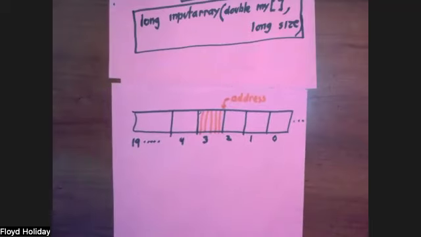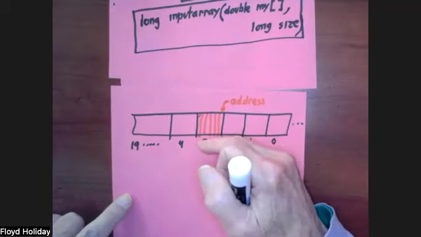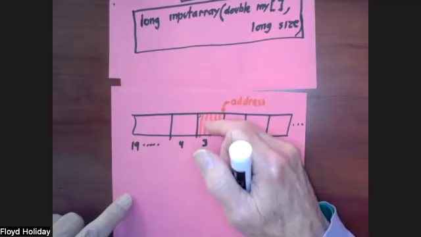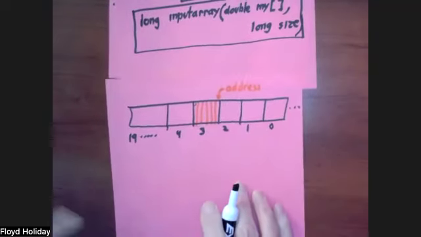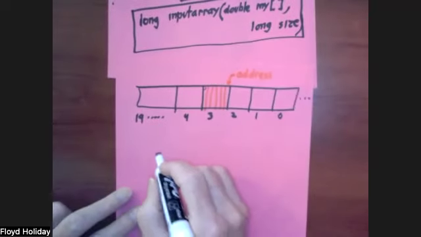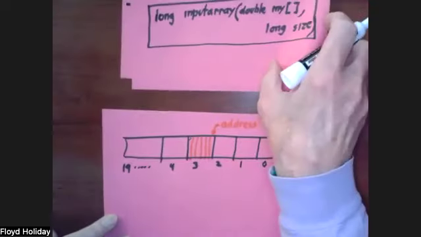Now, we want a way to, given an index, get an address. And there's a nice little trick for that, and that's what this is about right now. Okay, so this is the array. What did we agree to call this?